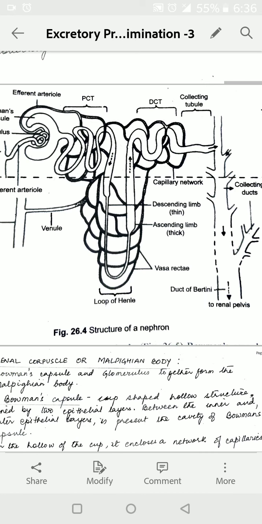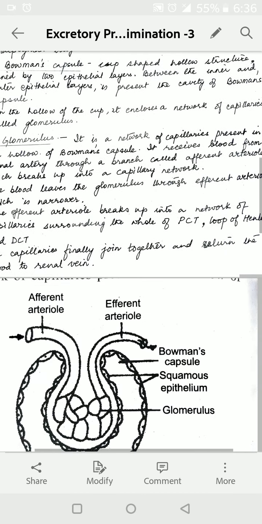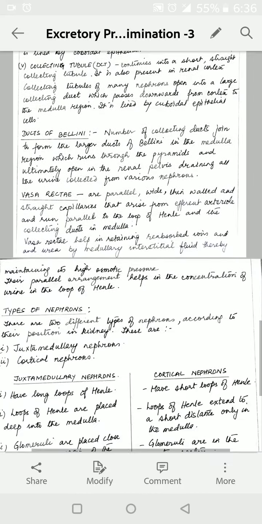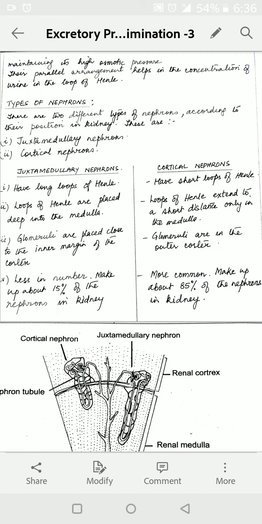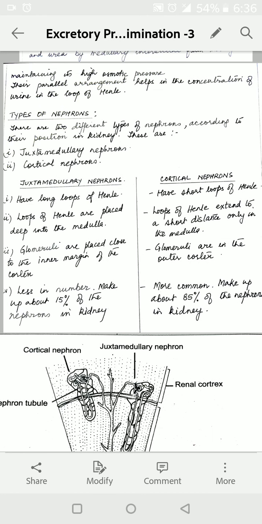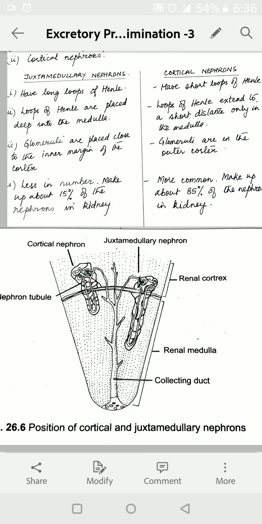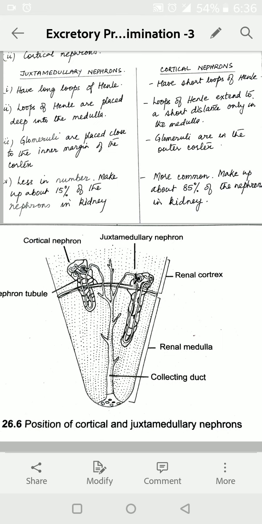Now, based on the position of these nephrons, there are 2 kinds of nephrons. These are the juxtamedullary nephrons and the cortical nephrons. This is the figure which shows you the arrangement of these.